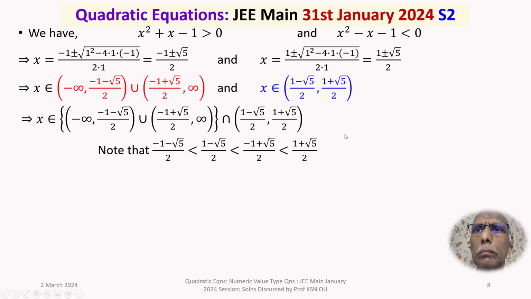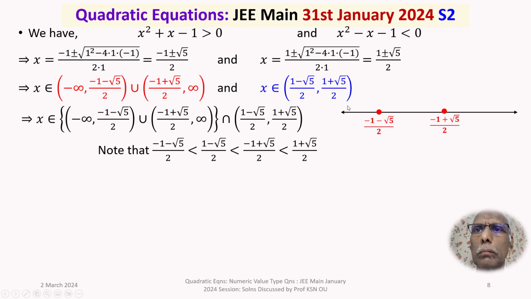Let's look at them on the real number line. This is the real number line. First, let us see this one. This is minus 1 minus root 5 by 2, and this one is minus 1 plus root 5 by 2. And x belongs to the union of the intervals.